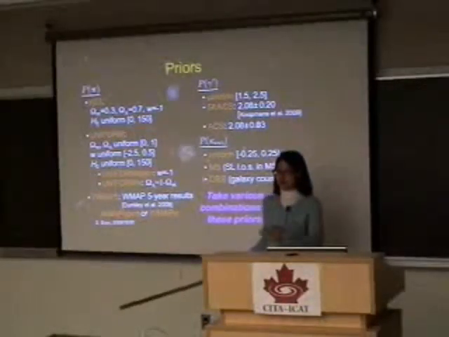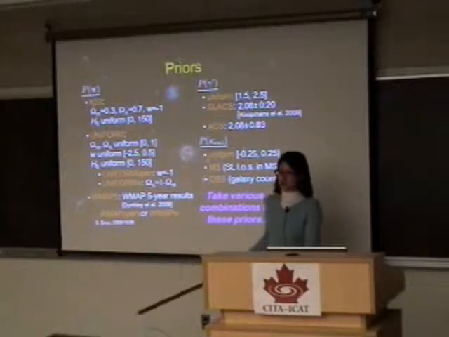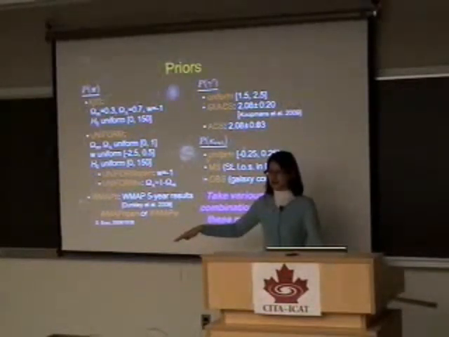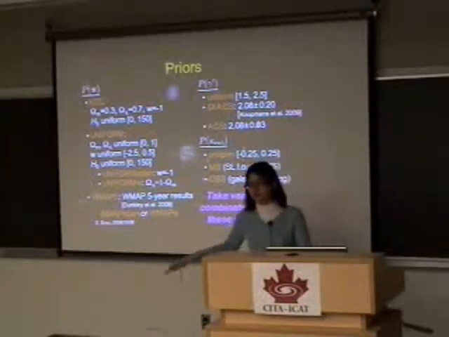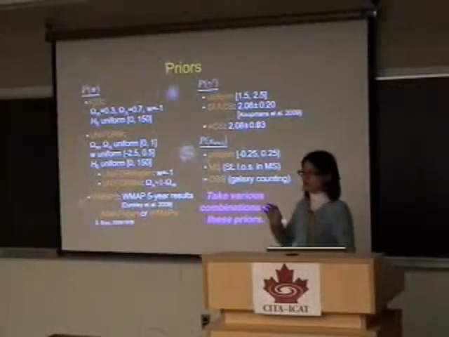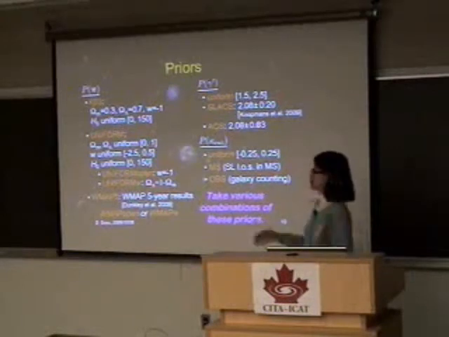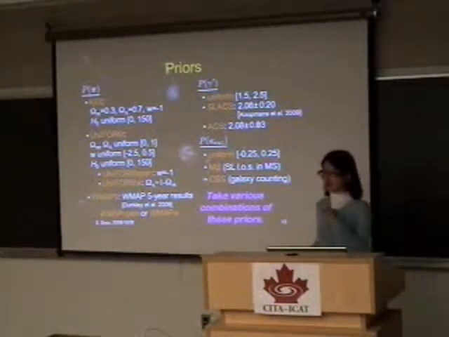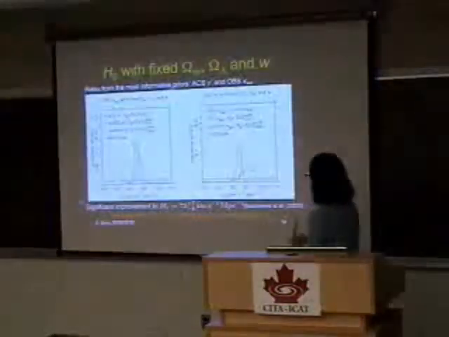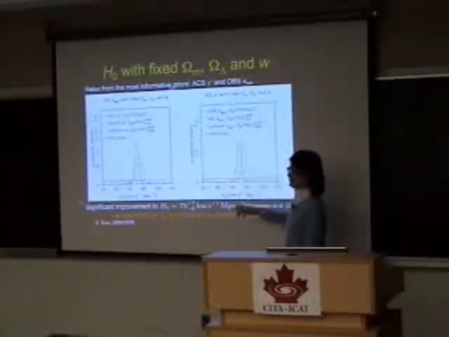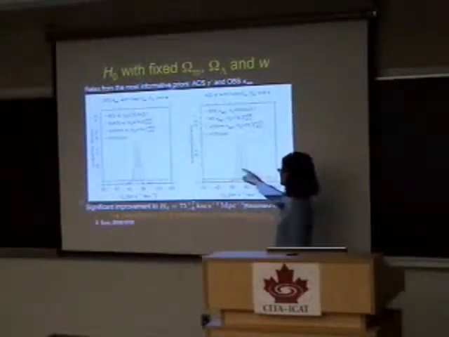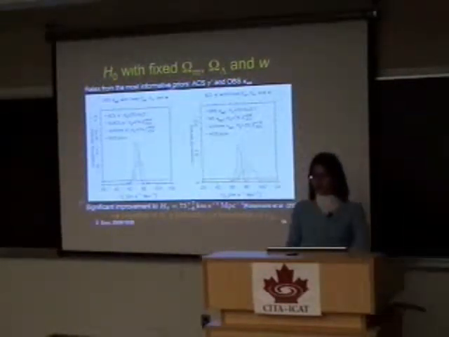So the dotted line is without 1608. That's the constraint of the prior. So it's purely just the prior. So H naught is uniform between 1 and 8. And the solid lines are with 1608. And then you see constraints from 1608 in the solid curves.